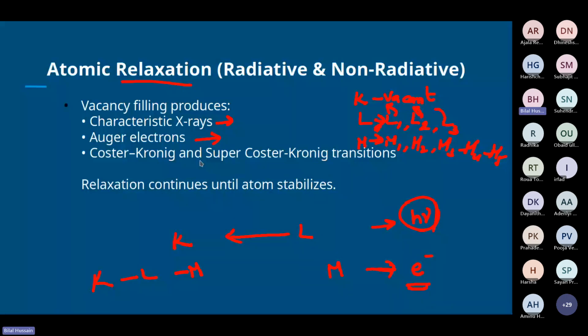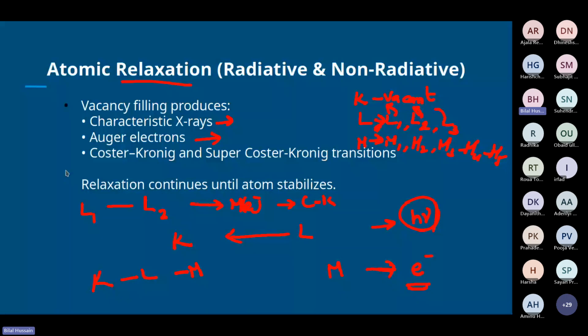There are also other types of relaxation processes called Coster-Kronig and super Coster-Kronig. Let us say, for example, I have an L1 shell vacancy. It's filled by the L2 shell falling down to L1, filling it up. Because of that, maybe an M shell electron is emitted, and this is called Coster-Kronig.